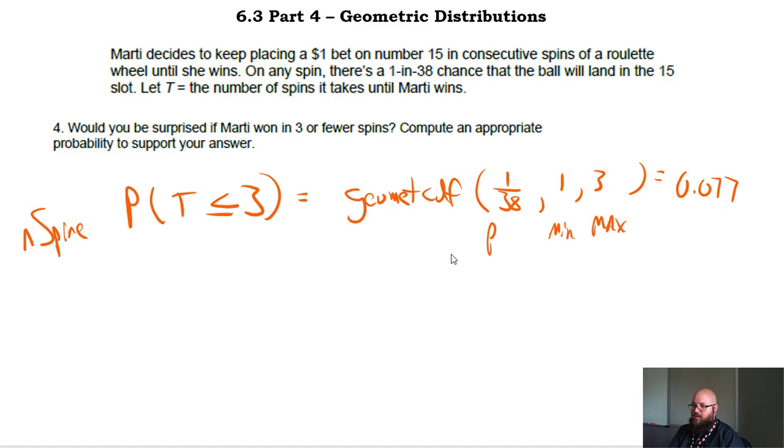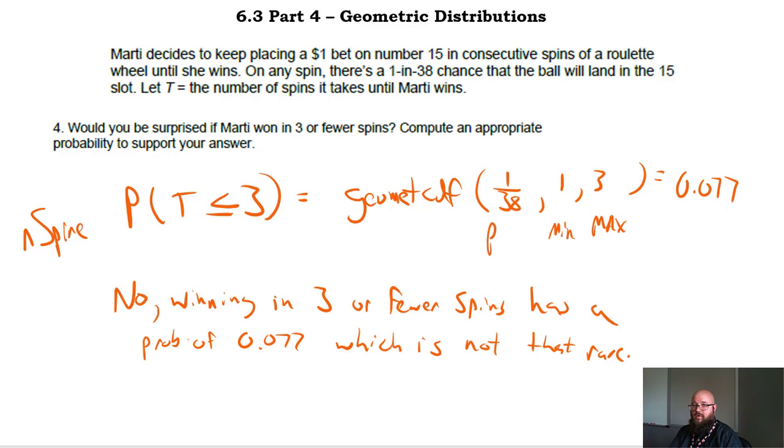So, would you be surprised if she won in 3 or fewer spins? Well, I wouldn't. The reason why is, I would say no, because winning in 3 or fewer spins has a probability of 0.077, which is not that rare.